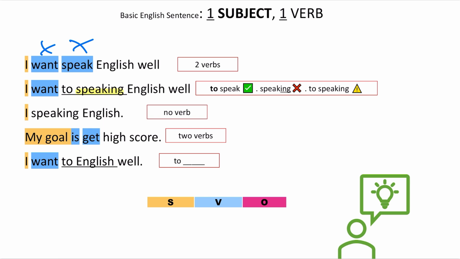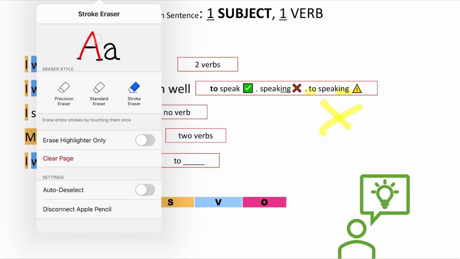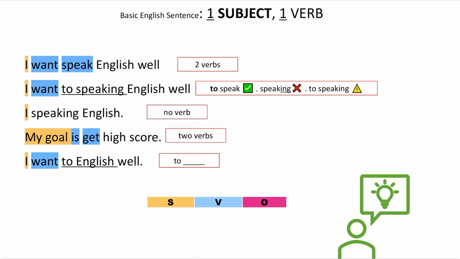Speaking, it's close, but that's not what we use with want. To and speaking, this is nothing. So don't mix these two. Okay, I speaking English. Here, speaking is not a verb.